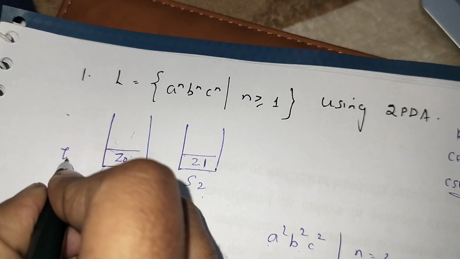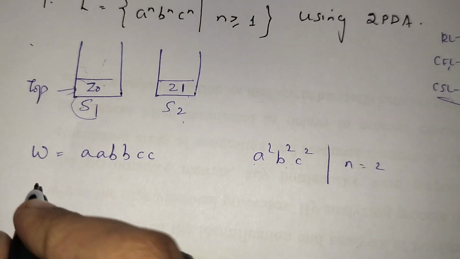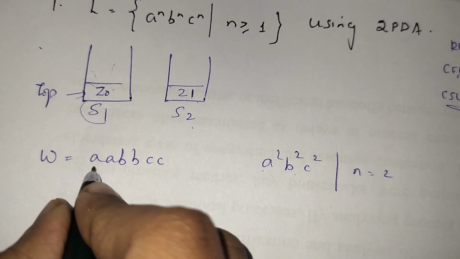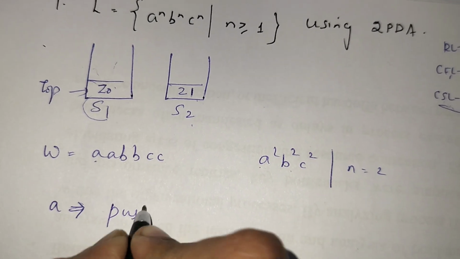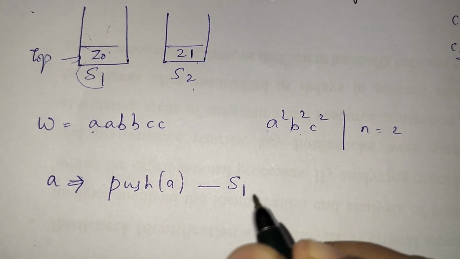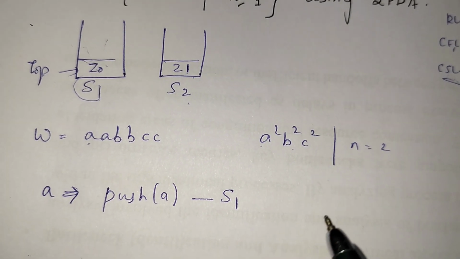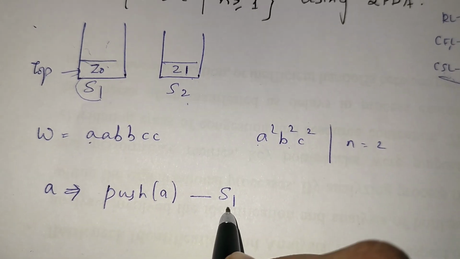Okay, so this is the top of the stack. Now our logic is, whenever I am seeing an a, I am pushing a to stack S1. I am going to explain how it is going to work.